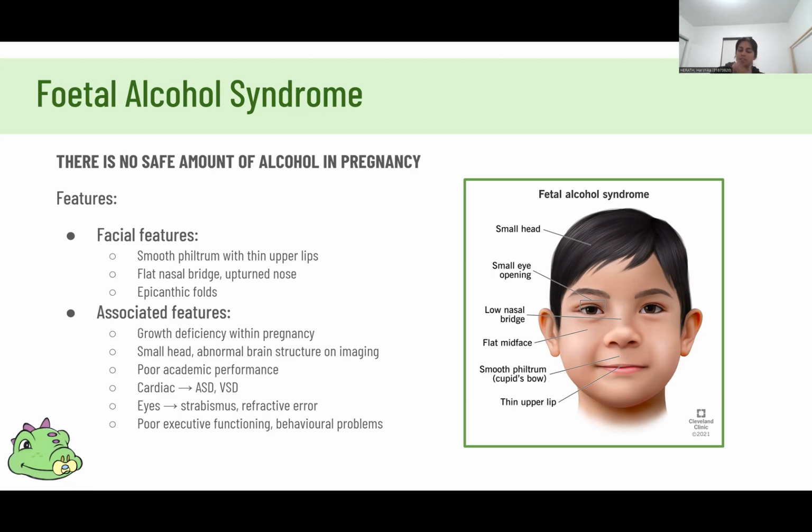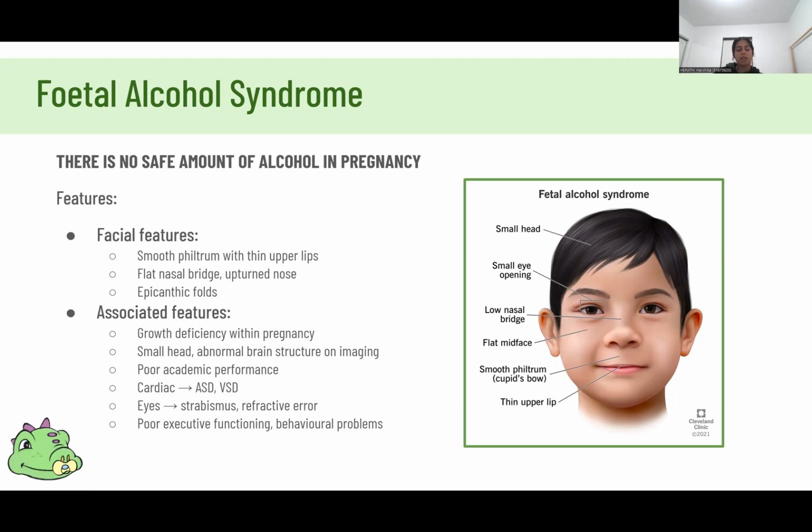And then the flat nasal bridge is also a common feature. It's associated with growth deficiencies, cardiac abnormalities. It can relate to intellectual disabilities and overall poor executive functioning in abnormal brain structure and imaging.